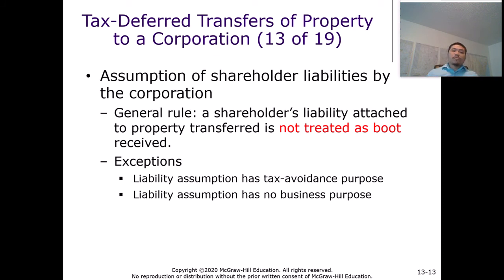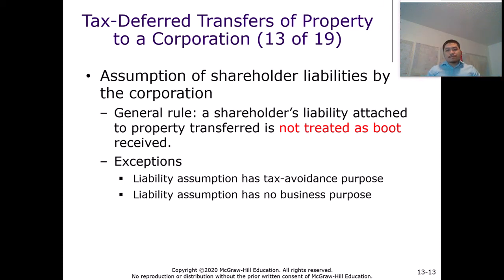So usually the general rule is that shareholder liability attached to the property cannot be treated as boot.